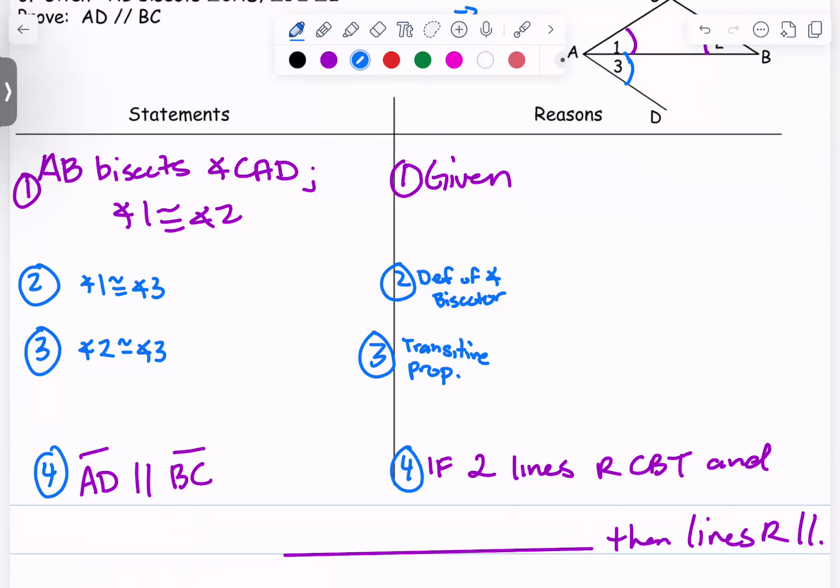Because if two lines are cut by transversal and alternate interior angles are congruent, then the lines are parallel. That makes sense? So I'm just proving that one of these angle relationships exists. If I prove one of these angle relationships exists, then I know that the lines are parallel.